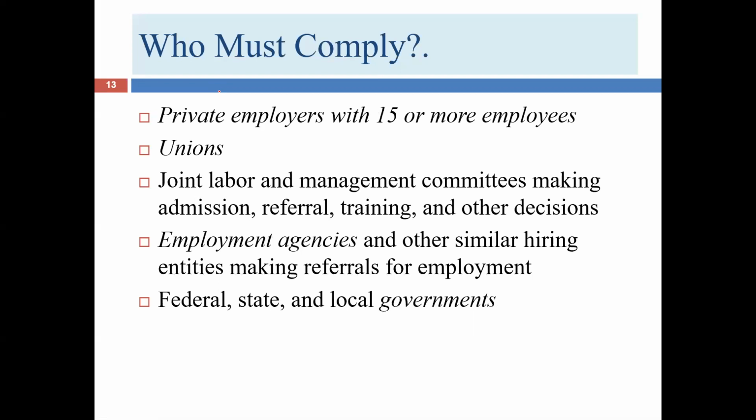So let's say the union wanted to say, we don't want any women working in this place, or we don't want any people of that ethnicity or that race, or of that age or that religion. Well, you can see how they could negatively impact and cause discrimination. And so they are prohibited from doing that, just as the employer is prohibited from doing that.